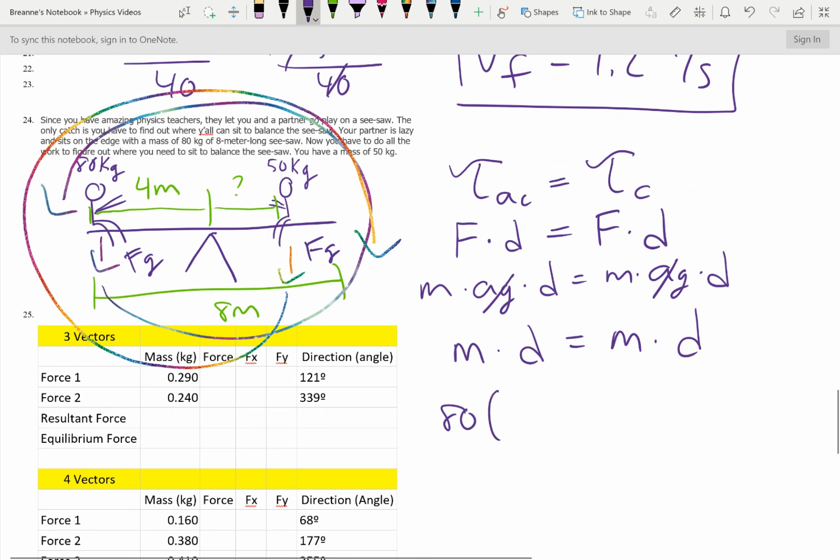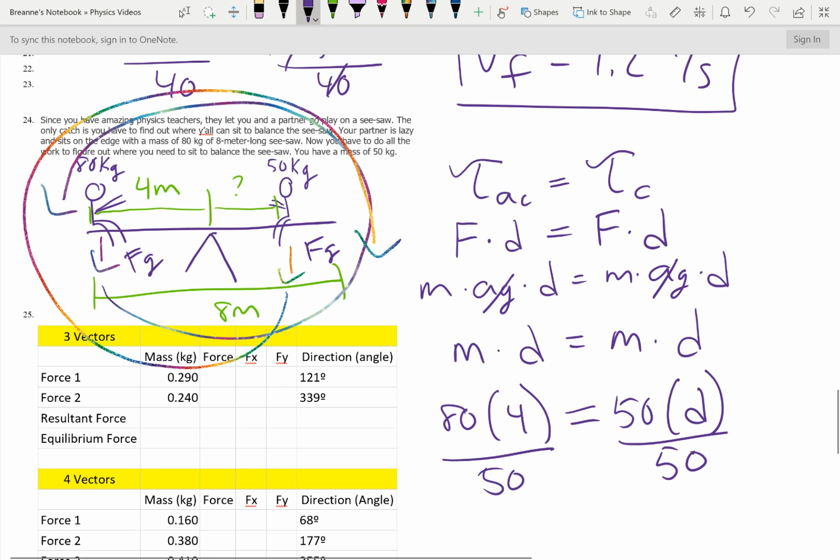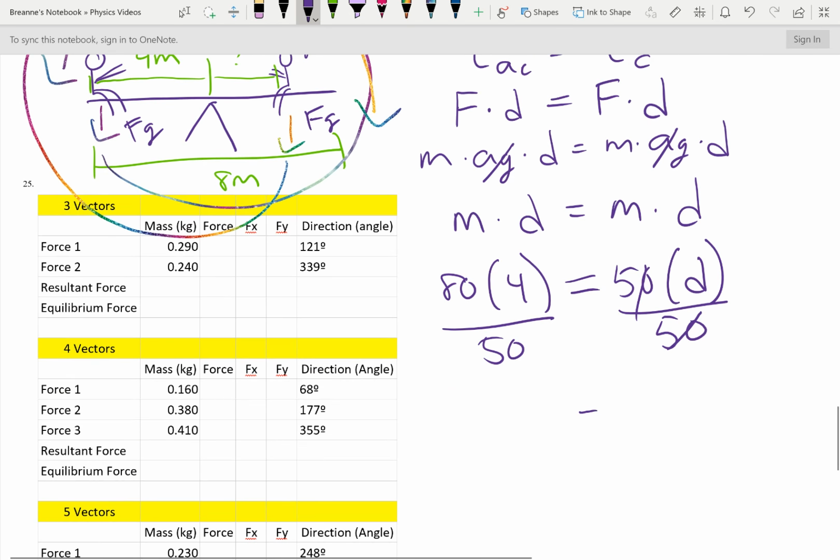So you can take 80 times the 4, because you know that's where your partner's sitting, they're not moving, and then it'll be your mass and whatever distance you're trying to figure out. To get distance by yourself, you just divide.